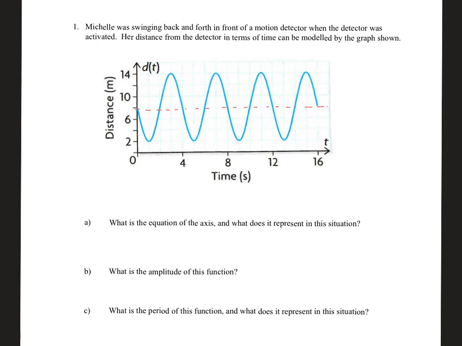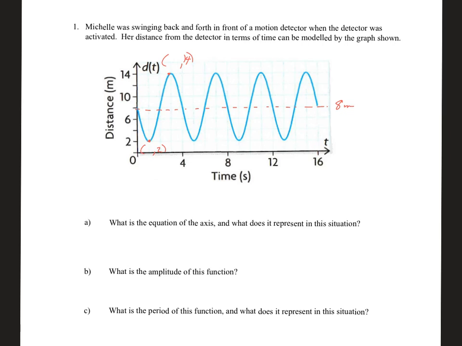No, that's not an asymptote I'm putting on the graph, but the middle of that graph seems to represent 8 meters. The bottom of that graph has a value of 2, and the top has a value of 14.